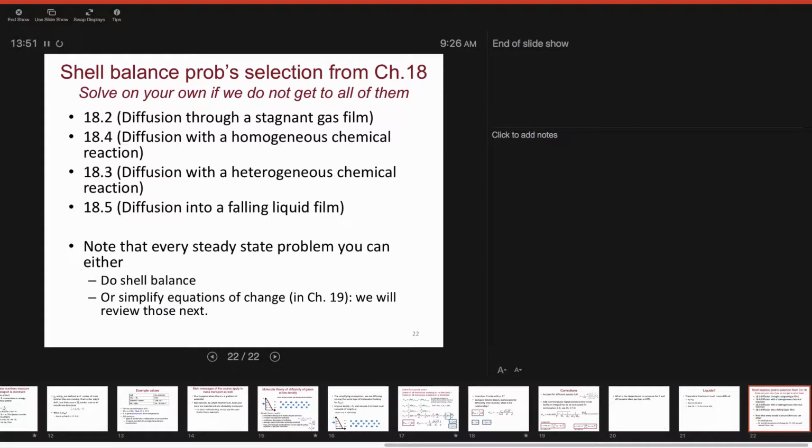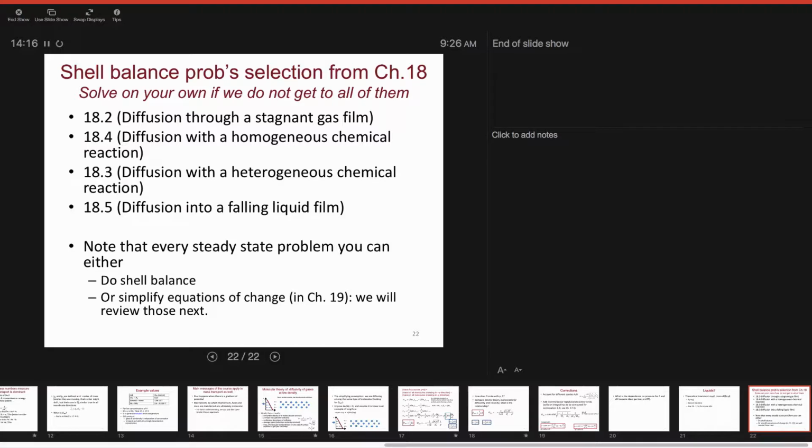And now we're going to move to shell balances. First, we're going to overview general formulas. And then after that, we're going to look at some problems. I will most likely solve in class 18.2 and 18.3, but I do encourage you to look at those solved problems in the textbook.